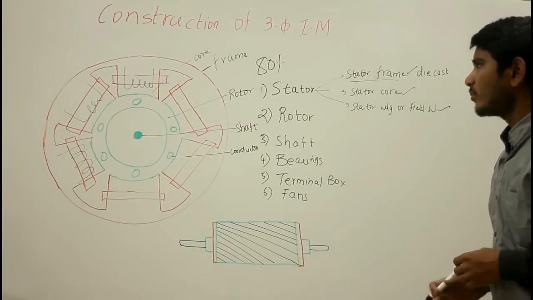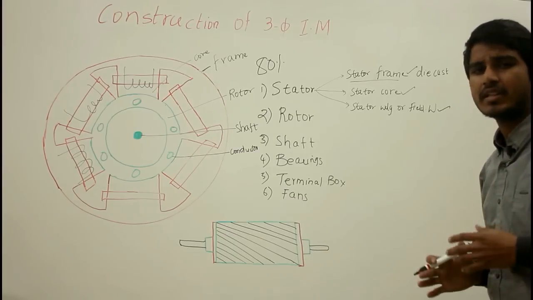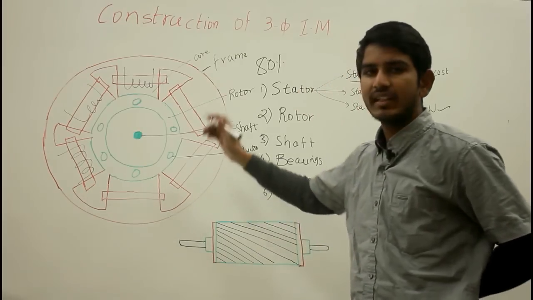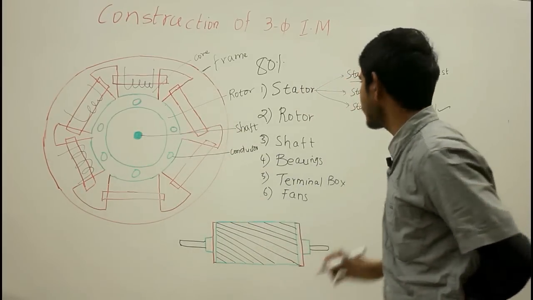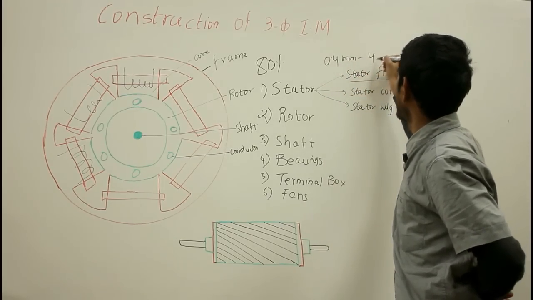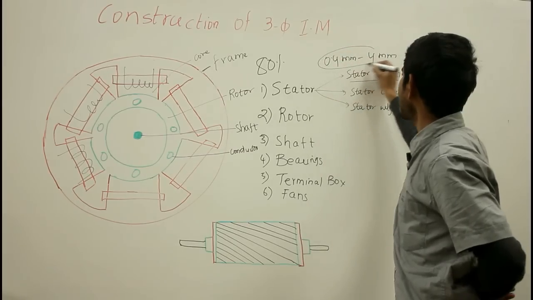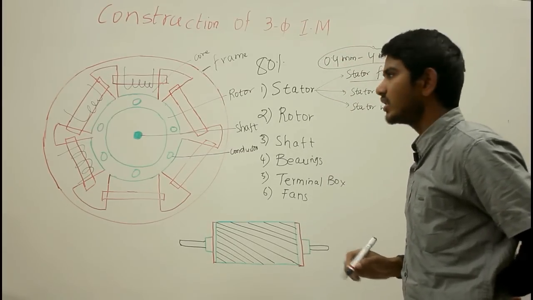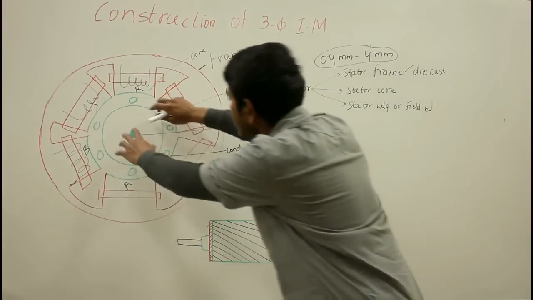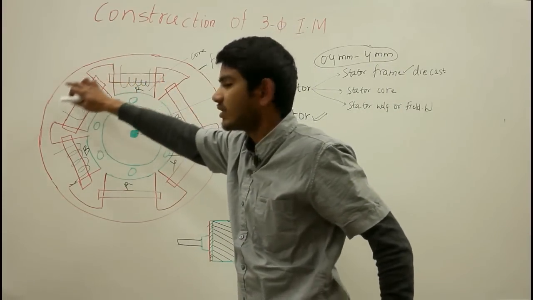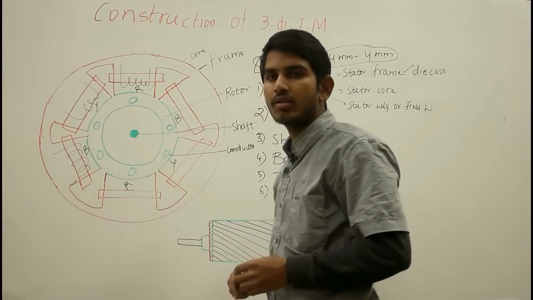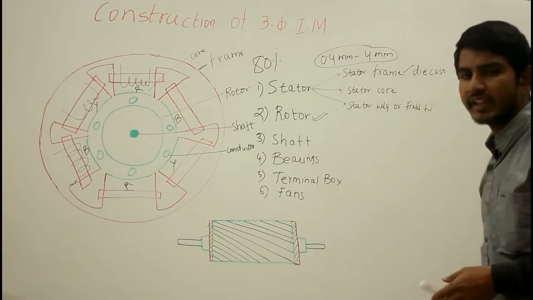The main requirement is that it must be very strong and rigid, because the air gap length, the distance between the rotor and stator, is very small, 0.4 mm to 4 mm. Otherwise the rotor may not remain concentric with the stator, and it may give rise to unbalanced magnetic pull on the rotor. Hence the stator frame must be very strong and rigid.